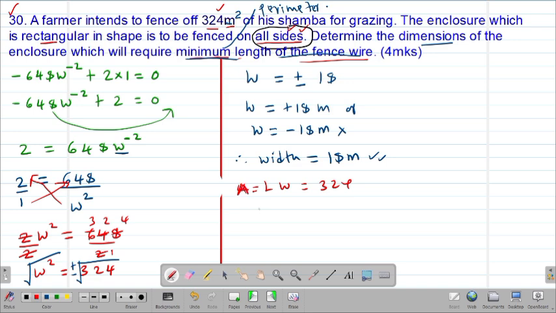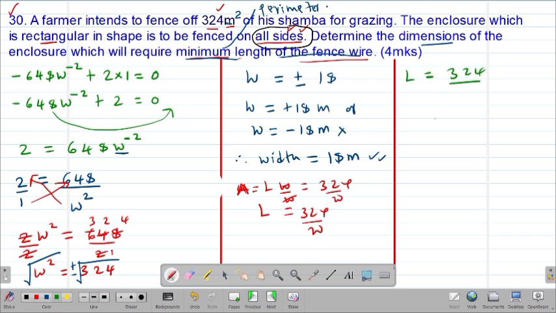So from here, we divided through by w, so clearly our length was equal to 324 divided by w. Since we already have the value of w, we can substitute to get the value of length. Therefore, our length will be equal to 324 divided by 18. You are still going to get 18 meters.